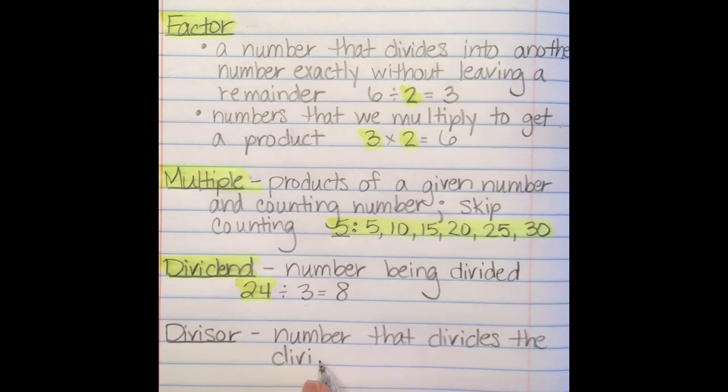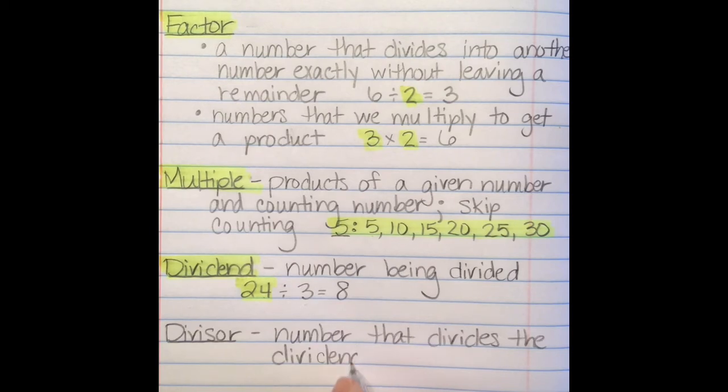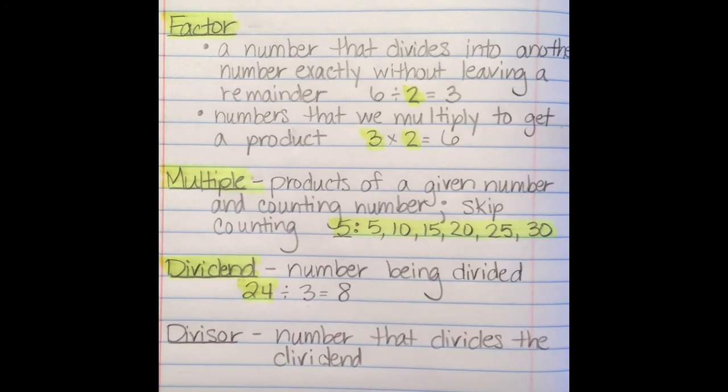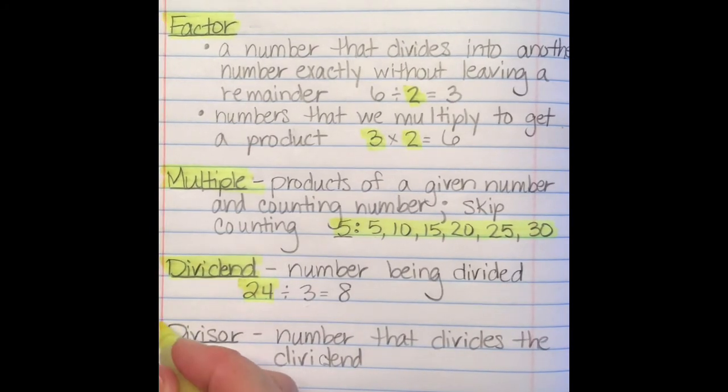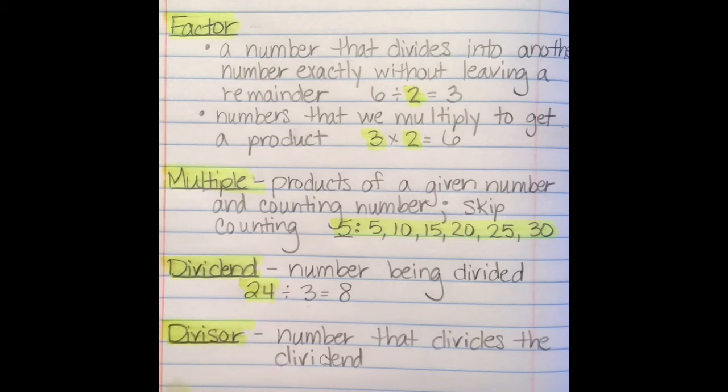So the number that divides the dividend. I need to highlight divisor. And if you guessed that 3 would be the divisor, you are correct. 24 divided by 3 equals 8. So 3 is the number that is dividing up 24. So that is known as our divisor.